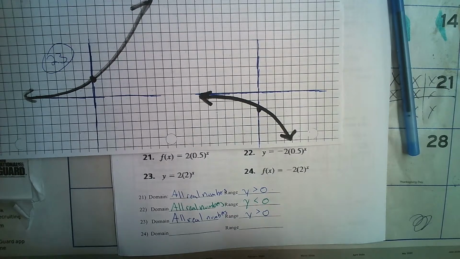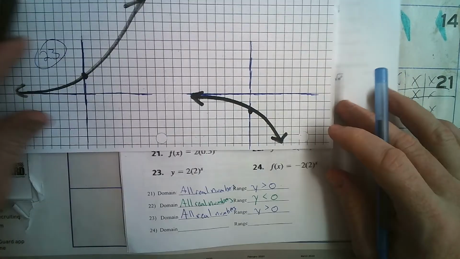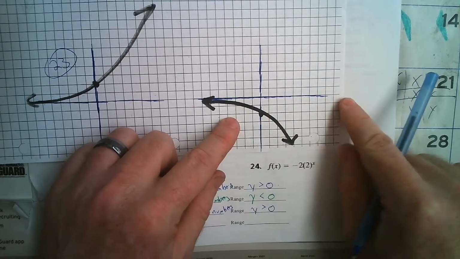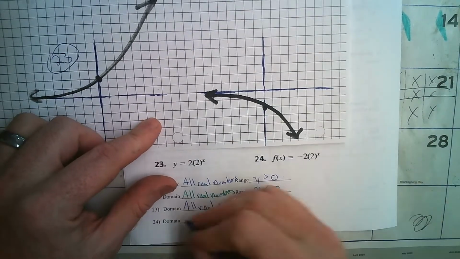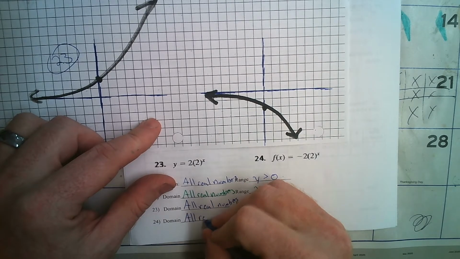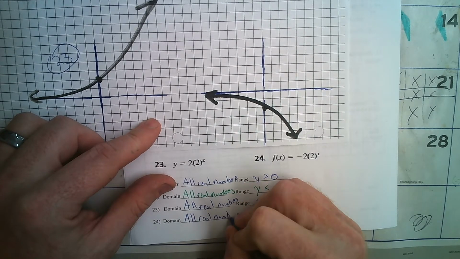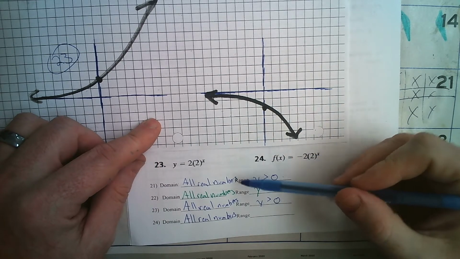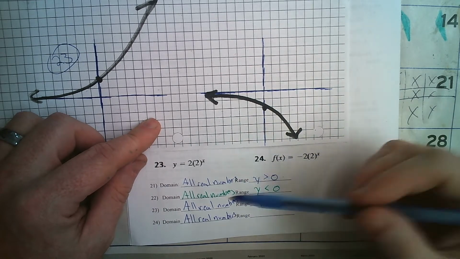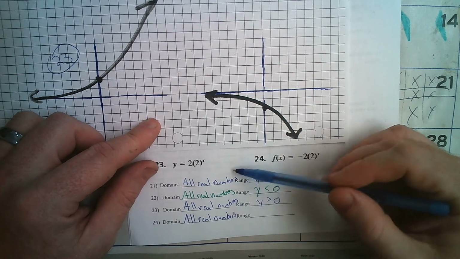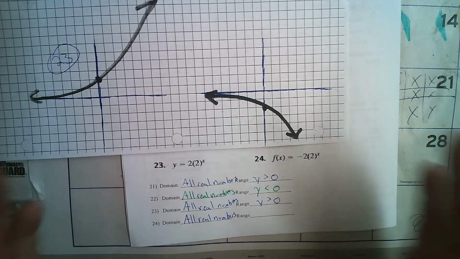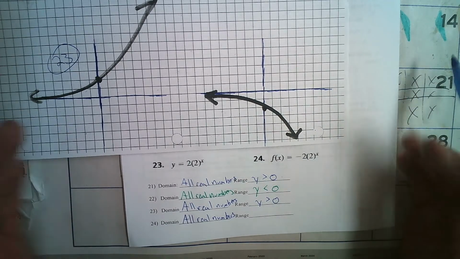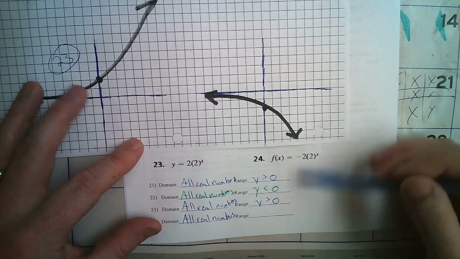Now, as I look at my domain and range, my domain goes as far left and as far right as possible. My domain is all real numbers because it's as far left and as far right as you can imagine. It will always be all real numbers for all of our exponential functions. Our ranges are the only things we have to be careful of.